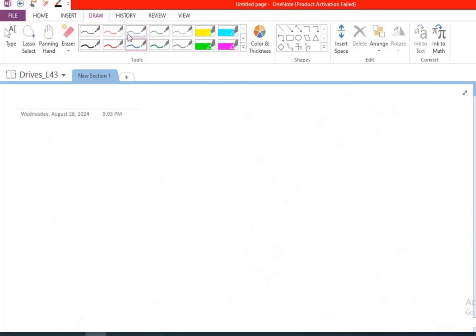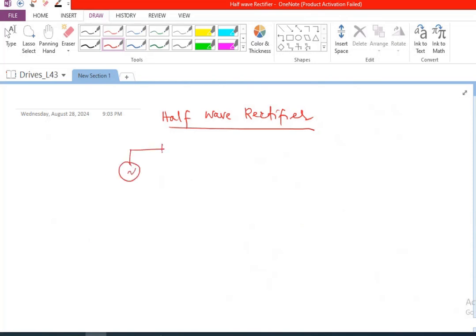We call the single diode connected to the AC supply a half wave rectifier because only half of the sinusoidal wave is going to the load. Rest of the half is not passed on to the load, so we call this a half wave rectifier.